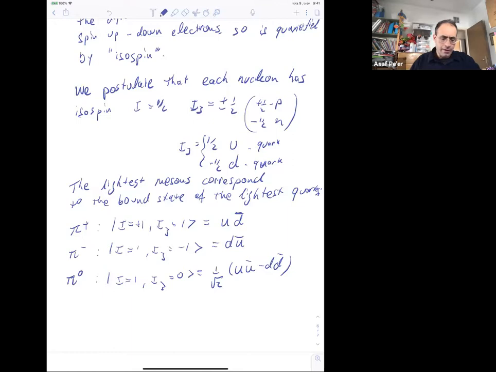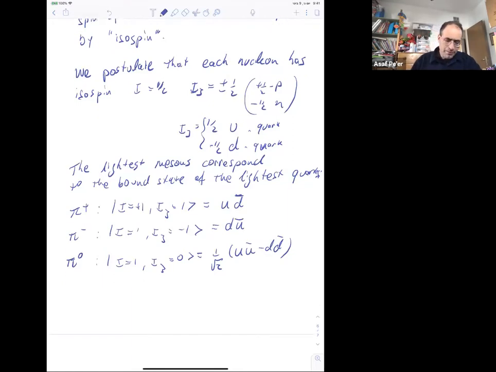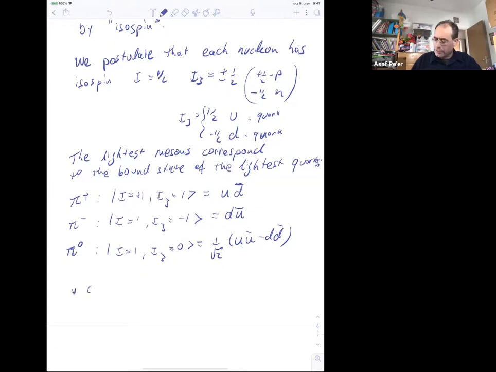So I just said I had a comment about the sign here, which is really a convention. And then there is also an orthogonal state to the pion 0. You might naively write it as 1 over square root of 2 of u-bar plus d-bar.